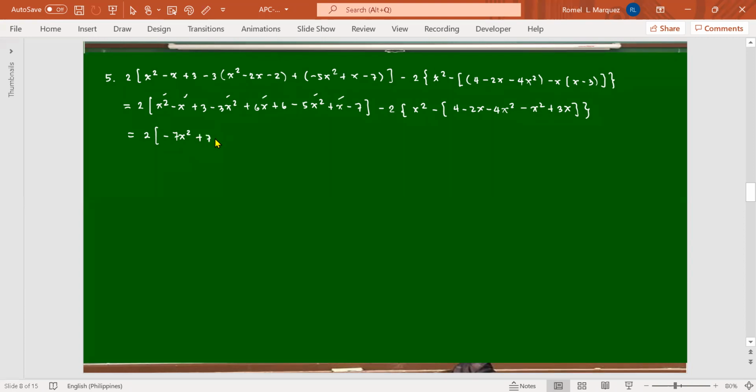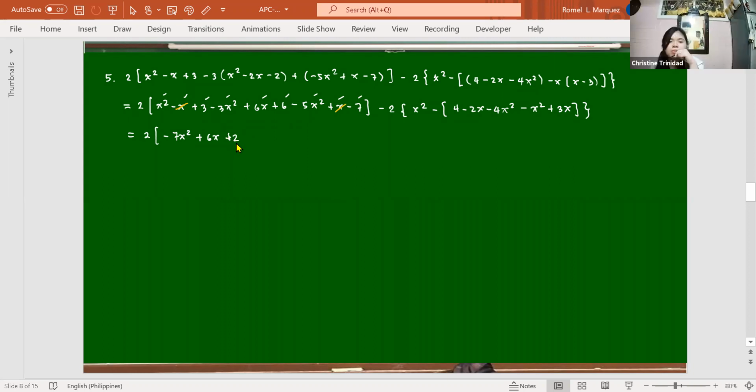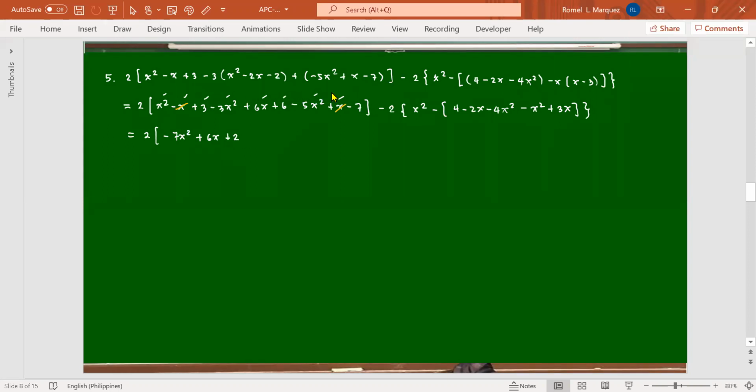Positive 7, x, right? Or 6 lang? 6 lang po, sir. Oo. Kasi ito ay eliminated, no? So 6x. What about the constant? 3 plus 6, 9 minus 7, 2. Am I right? Wala na, no? Wala na po, sir. Wait. Plus 2. No more.